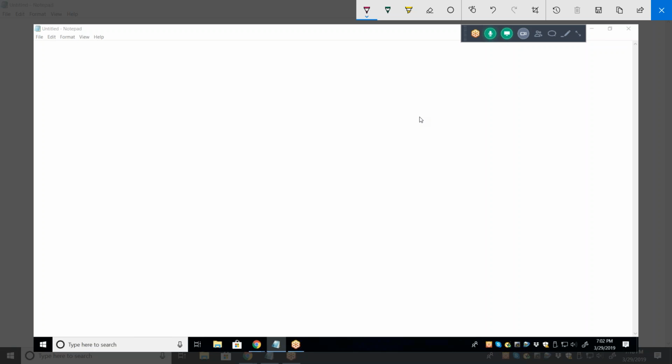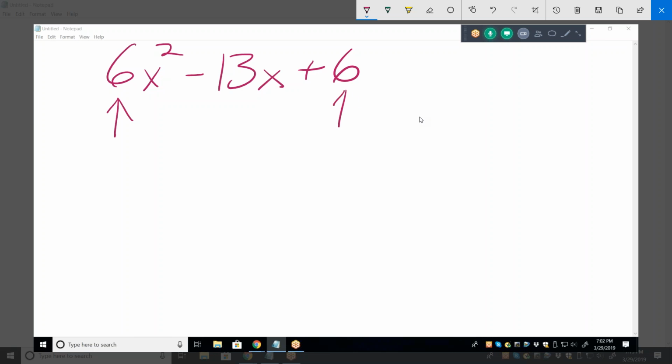What else we got? So the next one is 2x squared. Oh, not 2x squared, 6x squared, minus 13x plus 6. Again, the more factors there are of that number and that number, the harder the problem is going to be.